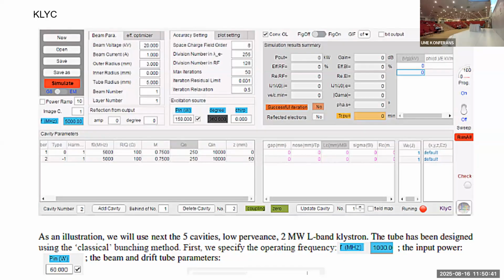Tube radius. Okay, I know the tube radius, 5 centimeters. And it should be what? 2/3. It's about 3 or around 3.